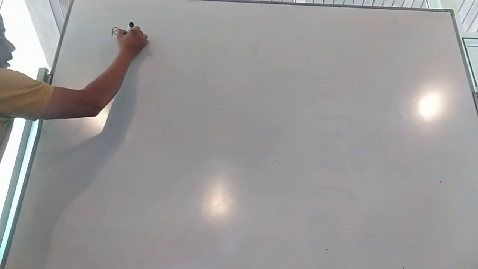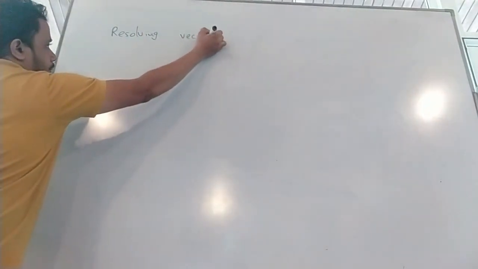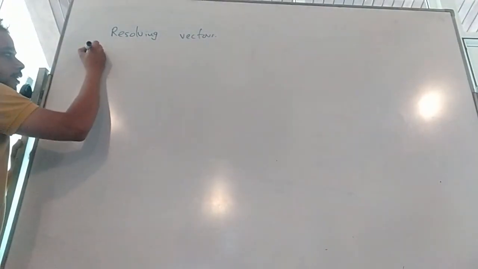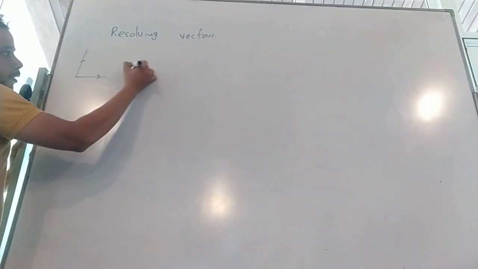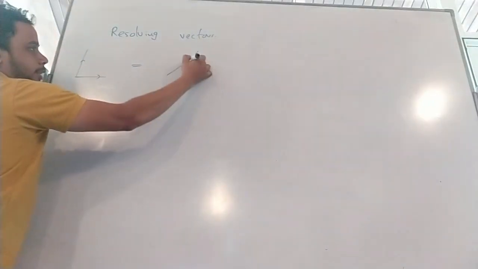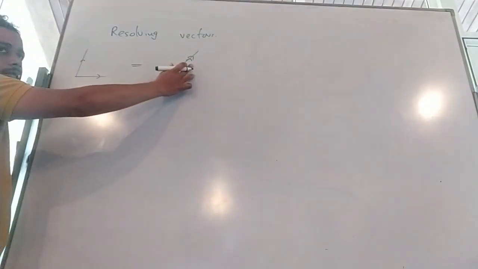This is known as resolving vectors. Now we discussed that if you have two vectors, they have a resultant force. That means one vector which can do the same thing they both do together. We can do it with this one vector.